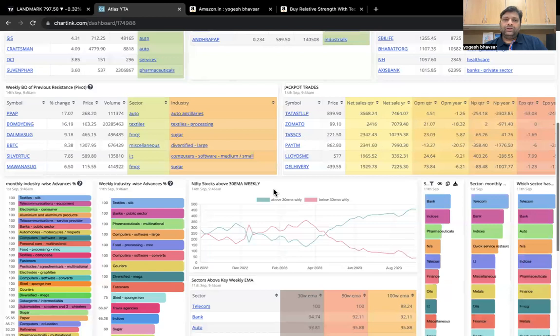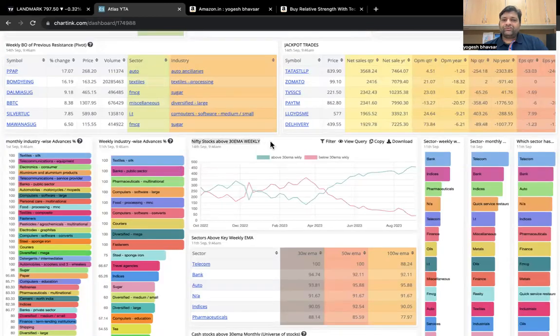Okay. Now, what is this? This is Nifty stocks above 30 EMA. So the Nifty 50 stocks above 30 EMA on weekly basis. So what happens is, this helps me to identify the trend. Now, if you see after this crossover, when the number of stocks in Nifty above 30 EMA on the weekly time frame was high, the market was bullish.